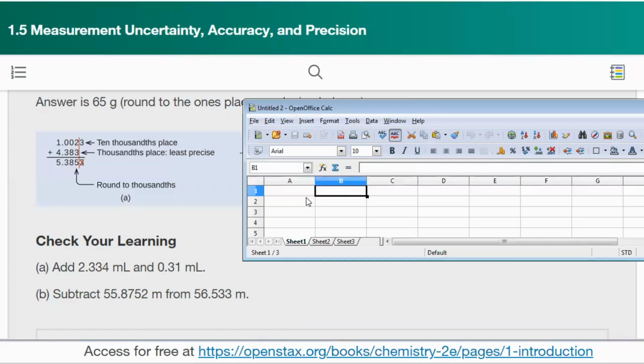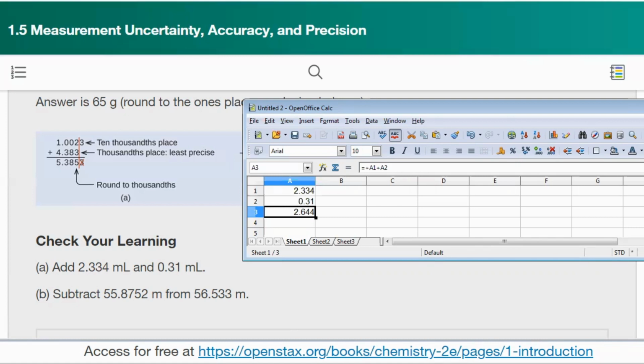So what do we have? We have 2.334, and we're going to add 0.31 to it. We get 2.644, but we're only supposed to have 2 decimal places.